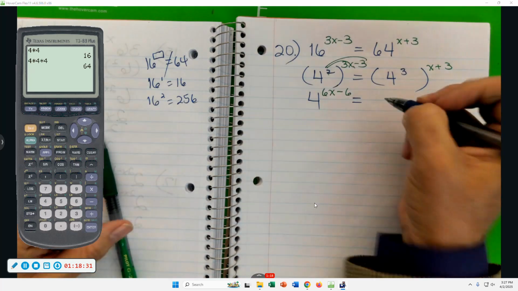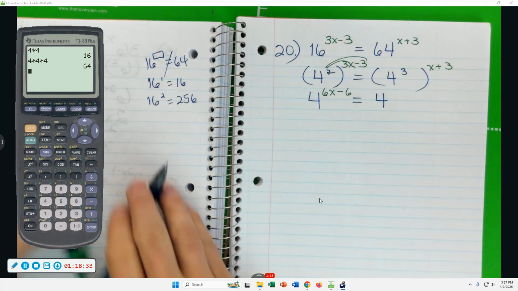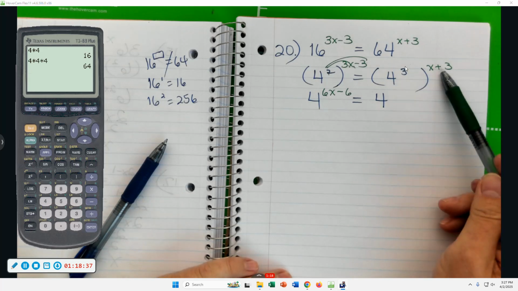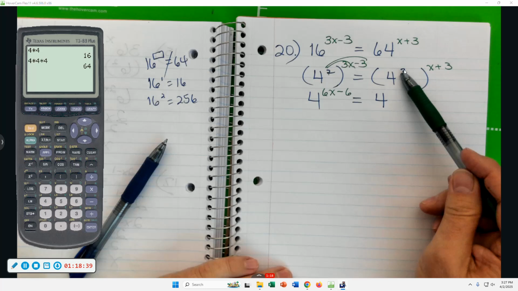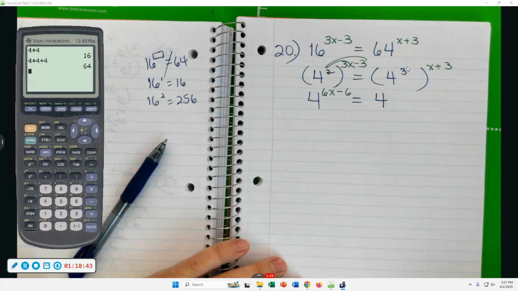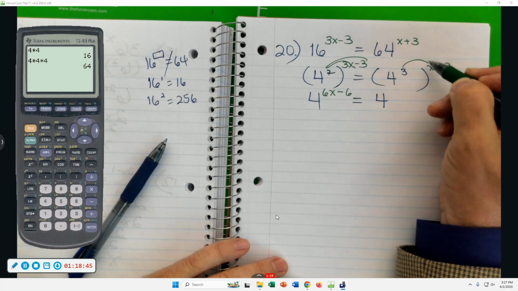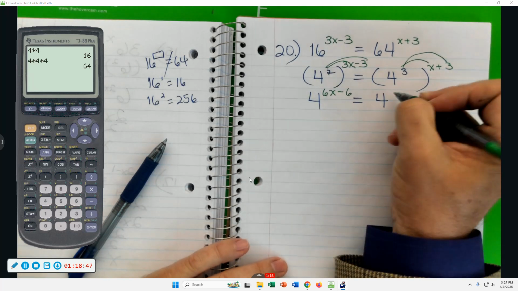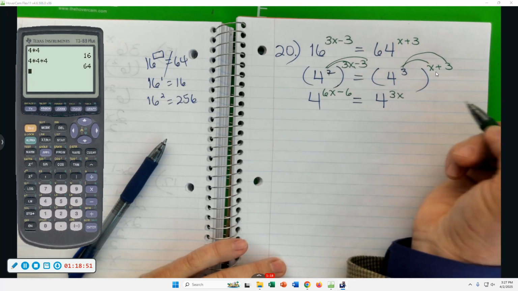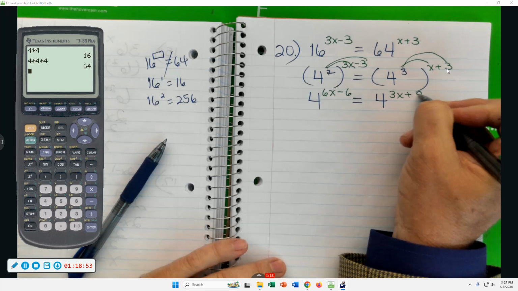Now we have to repeat it on the right side. We have a 4 cubed raised to the x plus 3. Power raised to power, so once again we distribute that 3 there and there. What's that going to give us? 3x, keep going, plus 9, yes.